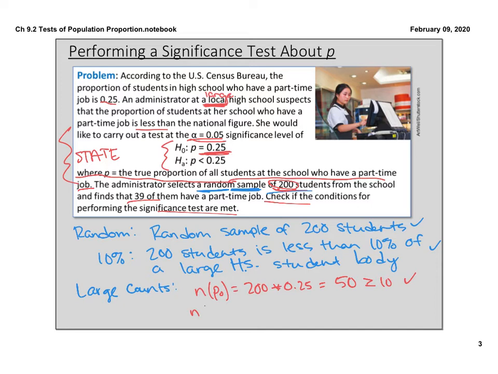And then n times 1 minus p sub 0 is going to be 200 times 0.75, which is 150, which again is greater than or equal to 10. Check. So our conditions are all met for this example. This, by the way, would be most of your do step, aside from stating the test.